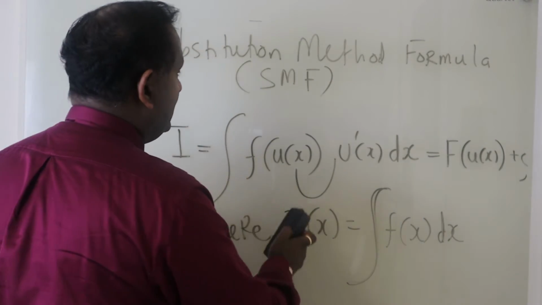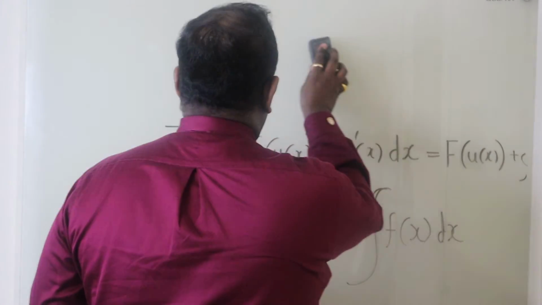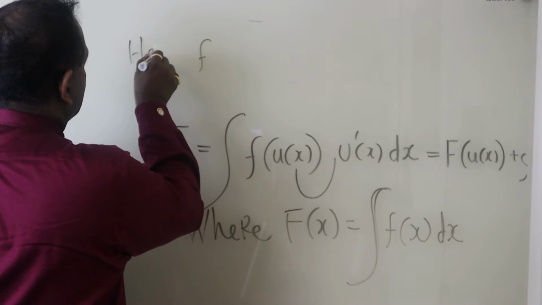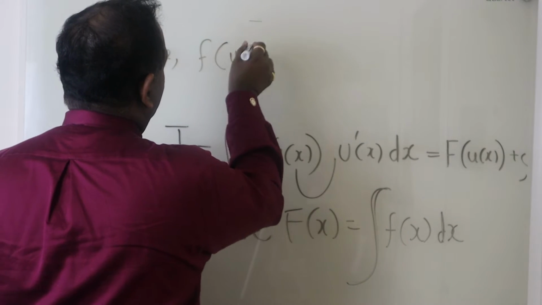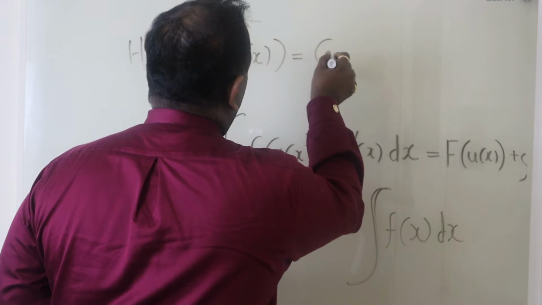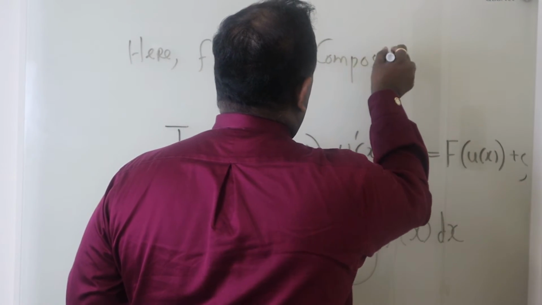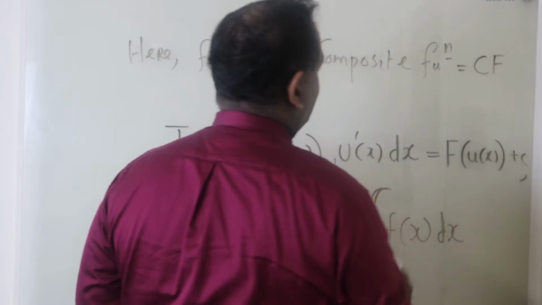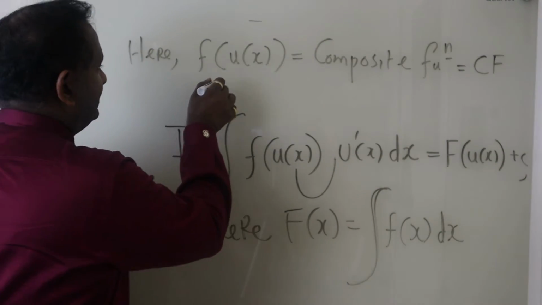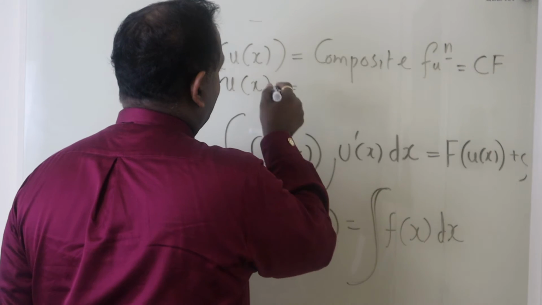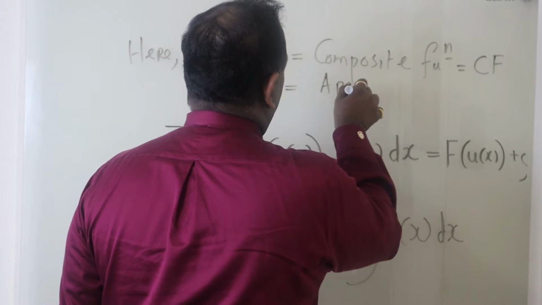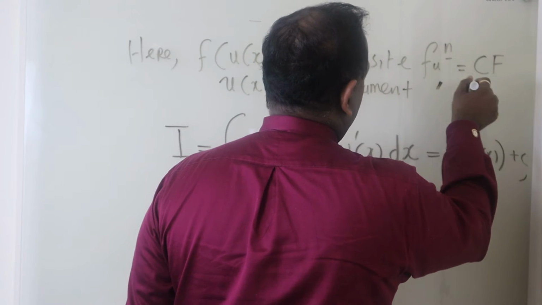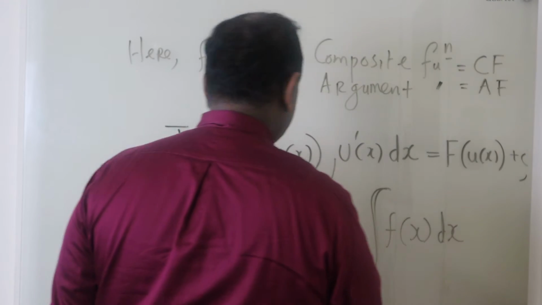Okay, so here, if you get back to f of u(x), f of u(x) we're going to call the composite function. If you want, you can abbreviate it as CF, composite function. u(x), since it's inside the function, we're going to call that one the argument function, abbreviated as AF.